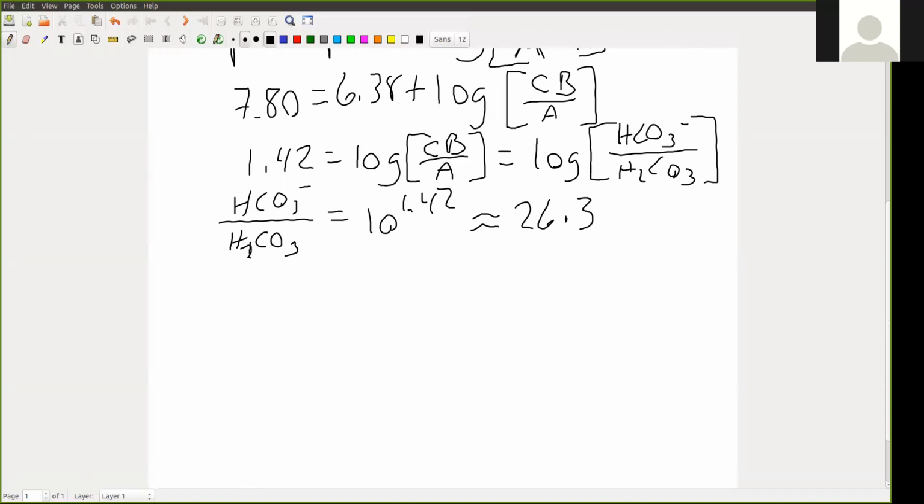So if we were to make this buffer, first of all, you can't have free ions. If you buy a chemical from a chemical company, it won't be a free ion. It will be a salt of some sort.